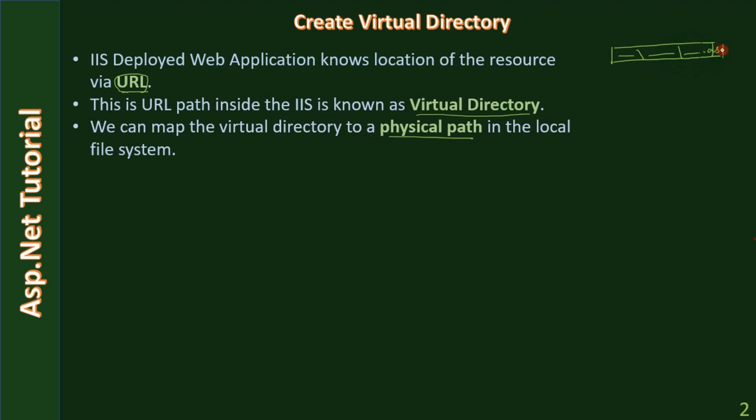This is how the URL path looks, and this path can be mapped to some virtual directory, then the ASPX file. We call the path in the local system the physical path, and what is configured inside IIS is called the virtual directory.